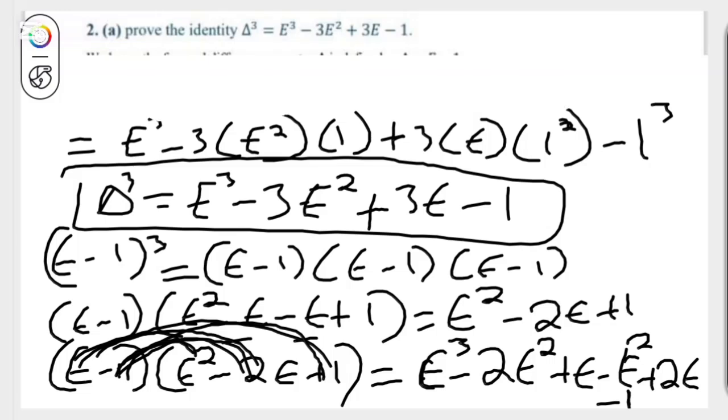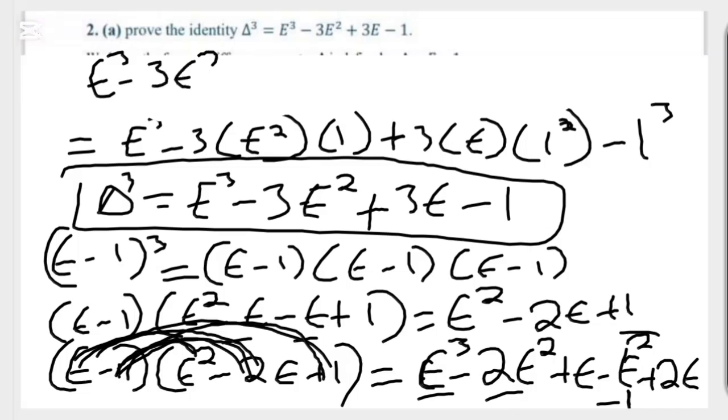So at the end, as you can see, it will be E cubed, and then the E squared terms are in common. If I say minus 2E squared minus E squared, it is the same thing as minus 3E squared. I'm done with this. So let's come for E: E plus 2E, I'll get positive 3E.